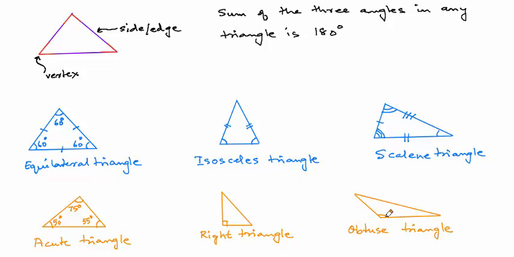And because the three angles in a triangle add up to 180 degrees, if one of them is more than 90 degrees, the sum of the other two has to be less than 90 degrees to keep the sum of all three fixed at 180. Therefore, the other two angles have to be less than 90 or acute angles.